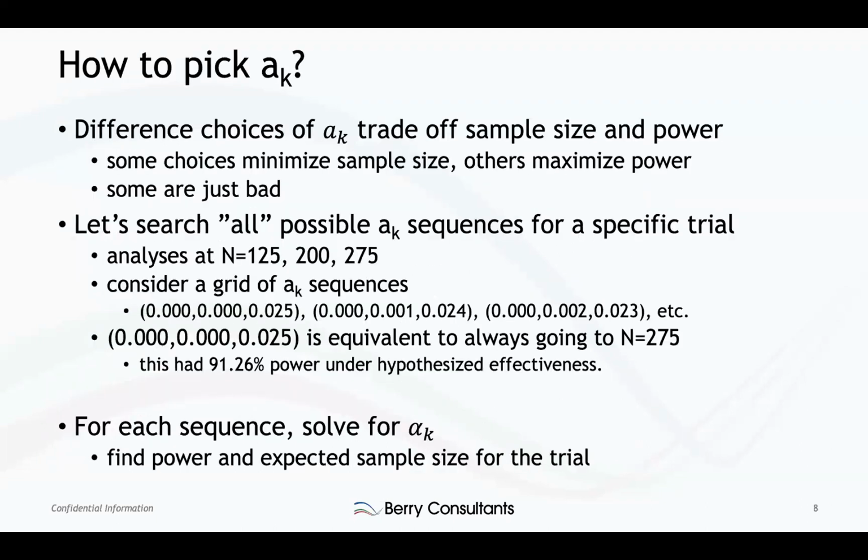And we have a second question. Oh, sorry, it's appropriate now: do the information fractions have to be equally spaced? No. If you dig into the weeds, there's some terminology on this. A lot of times when people talk about O'Brien-Fleming, the original papers in this area did require equally spaced interims.